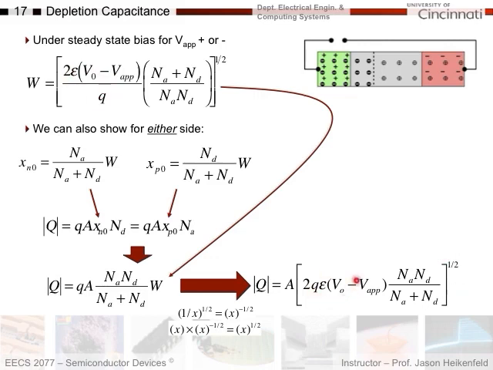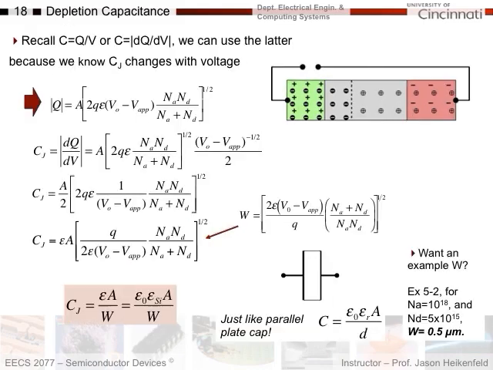So I basically inserted W into this equation. I'm showing you how I combined these terms using some simple math. So I've got a new equation here which gives me the total charge on either side of the diode as a function of voltage and doping levels.